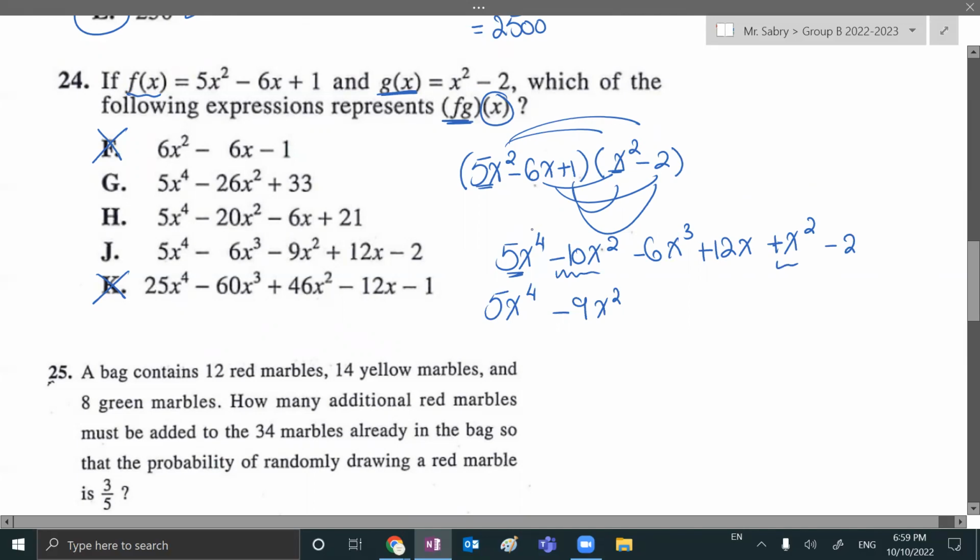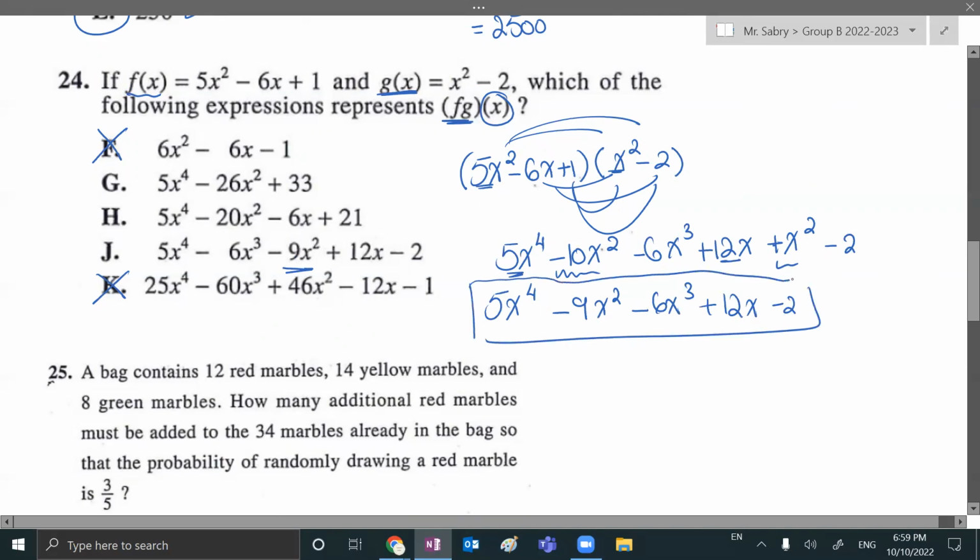No, there's nothing wrong so far. Ah, okay, yes. I just wanted to confirm that 9x squared is there, and I just saw it right there. So it's this one, then plus the 12x, which is that one, and then the minus 2. This is the correct answer.